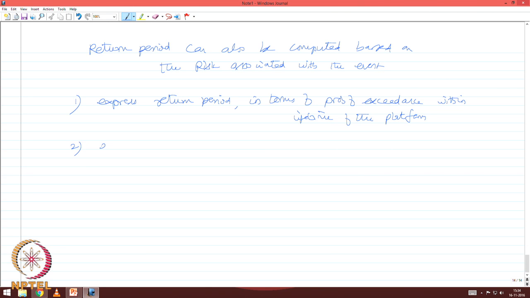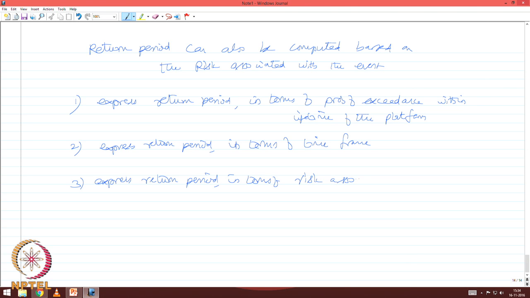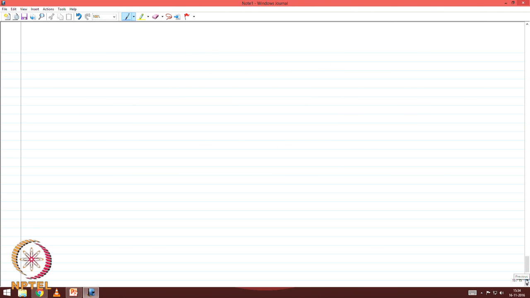We have also learnt how to express return period in terms of time frame. Now, we will learn how to express return period in terms of risk associated with the event, let us take an example of an earthquake event.